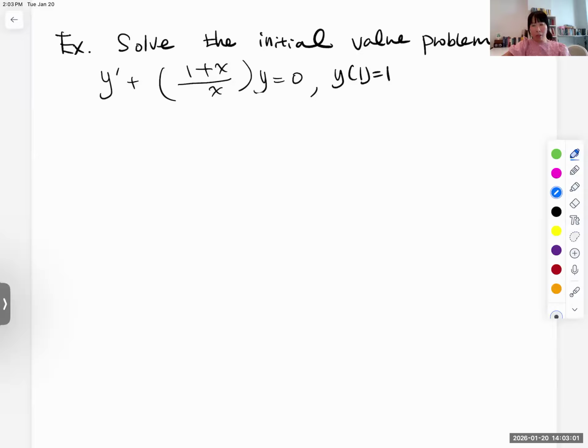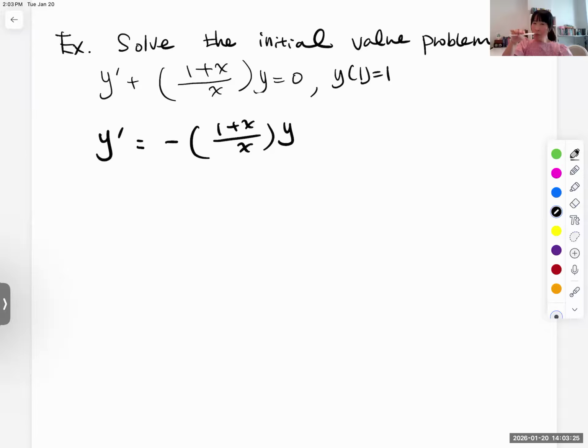How do you do it? Yeah, so we make the x variable on the right side, right? So let us do that. So y prime equals negative (1 plus x) over x times y, where y is not equal to 0, right?